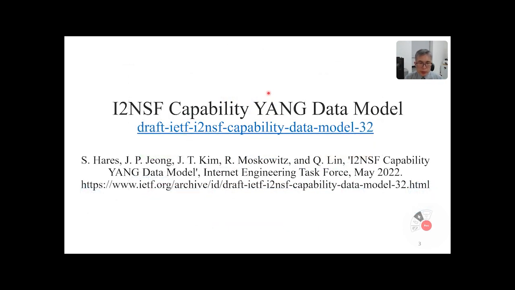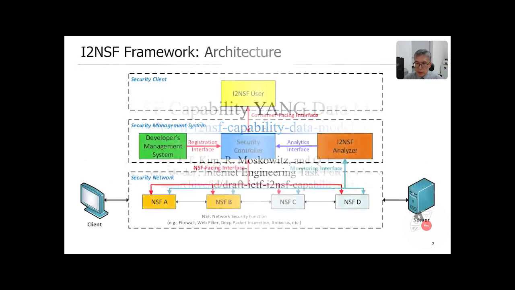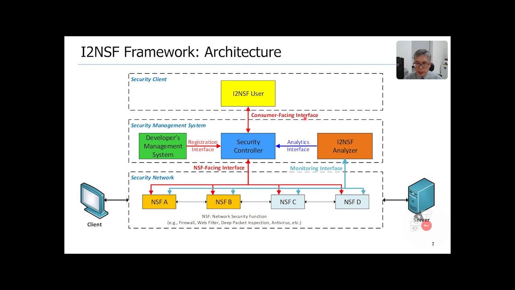So the I2NSF capability Yang data model is the base data model for other I2NSF interface data models, like the consumer facing interface, registration interface, analytics interface, and NSF facing interface, monitoring interface.